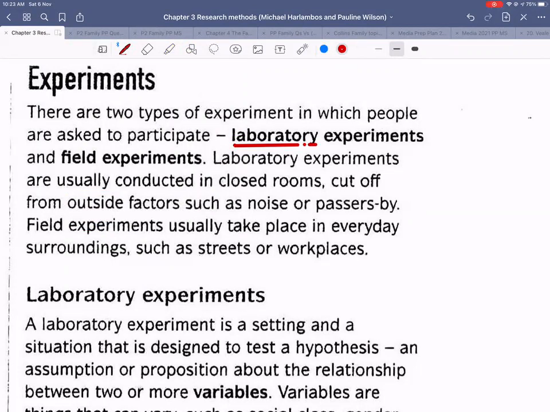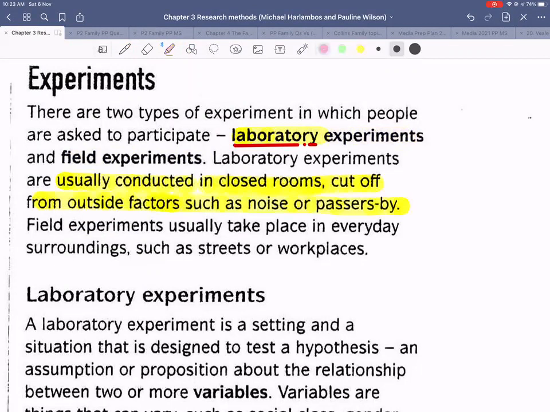For students, it would be a classroom. For workers in a factory, it would be the factory itself. For accountants, it would probably be their office, and so on and so forth. So these are the two terms I wanted to make you all familiar with: the laboratory experiment and the field experiment. A laboratory experiment is usually conducted in closed rooms, cut off from the outside world.